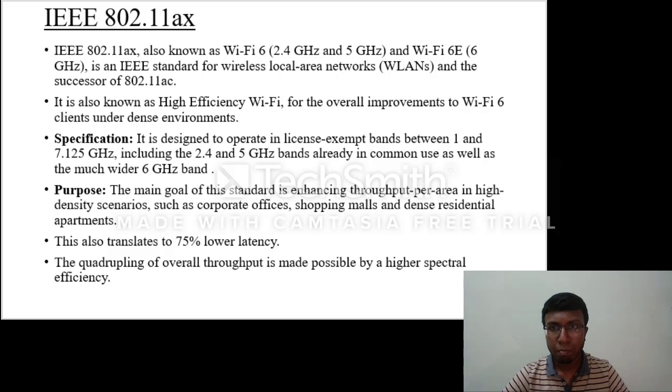Its purpose is this standard is enhancing throughput per area in high-density scenarios such as corporate offices, shopping malls, and dense residential apartments. This also translates to 75% lower latency. The quadrupling of overall throughput is made possible by a higher spectral efficiency.